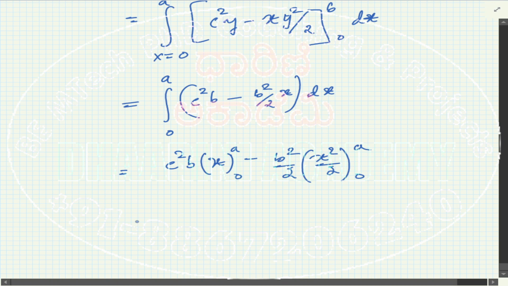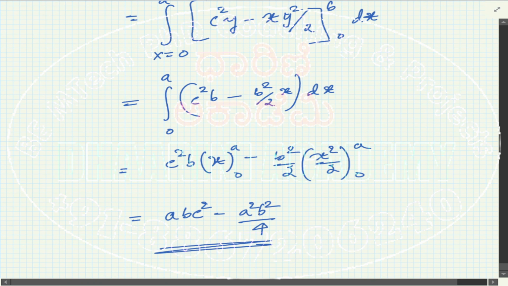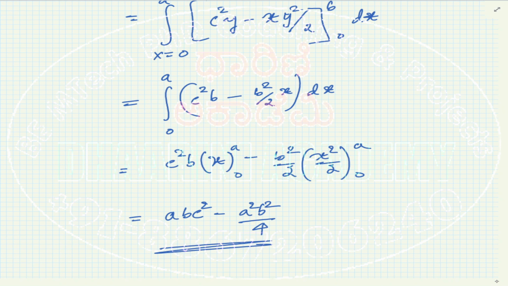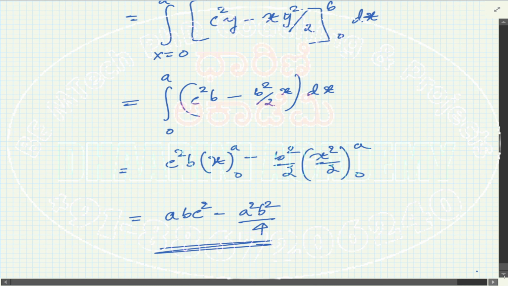So this function is going to result in a b c square minus a square b square by 4. Alright, this is for S4.